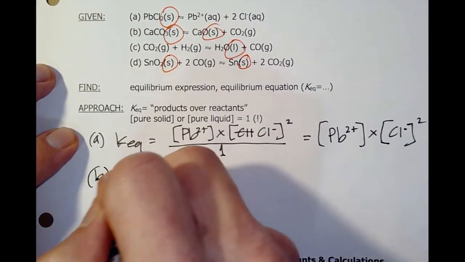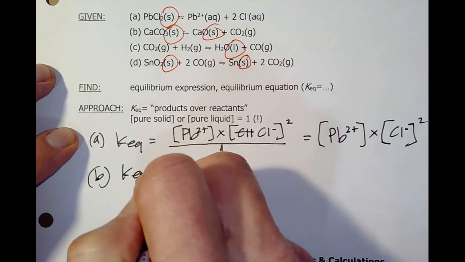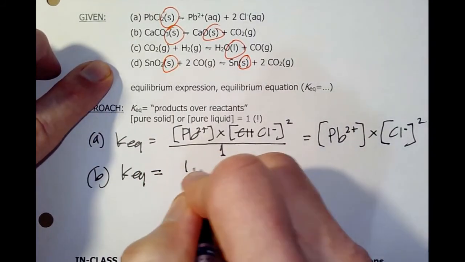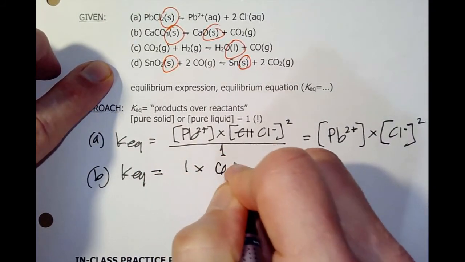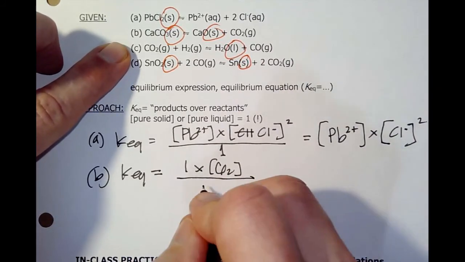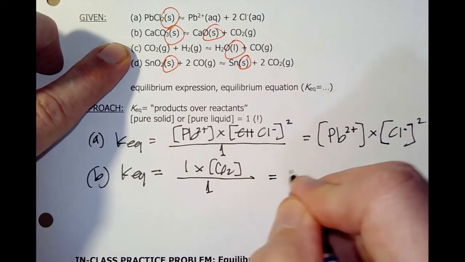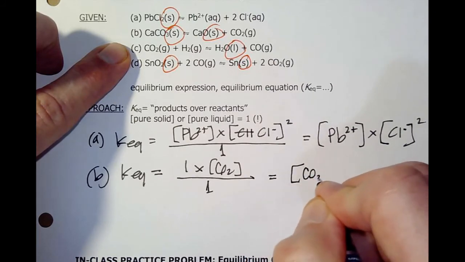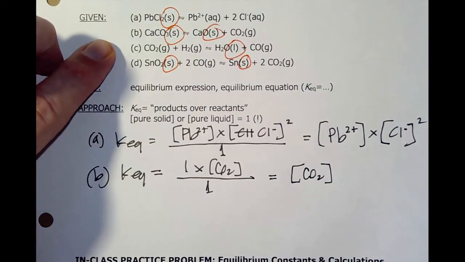So B is going to look really funny. B, KEQ equals 1 times CO2 divided by 1, which equals CO2. That's it. Now it looks kind of funny, and the reasons for this are a little bit complicated, but that's it.